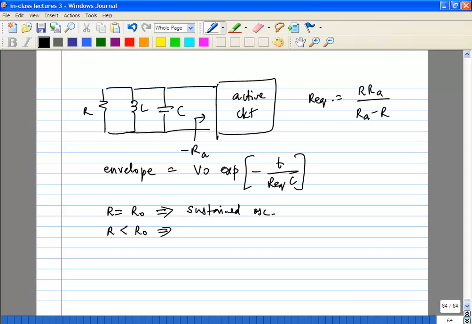R less than RA. Oh, RA, sorry, did I say R naught? RA. It's a decaying exponential. Look at this. If R is less than RA, this R equivalent is positive, which means you have an e power minus t by RC form.